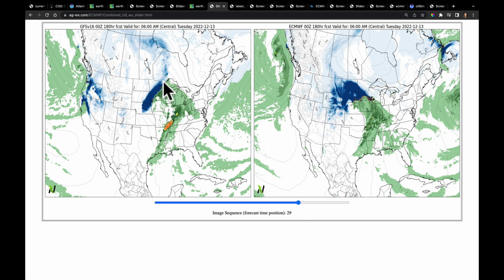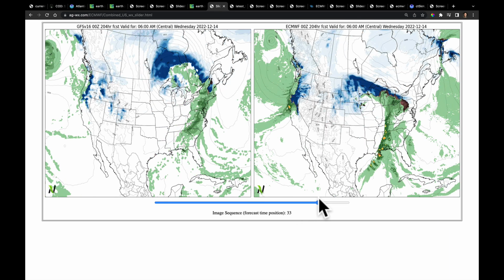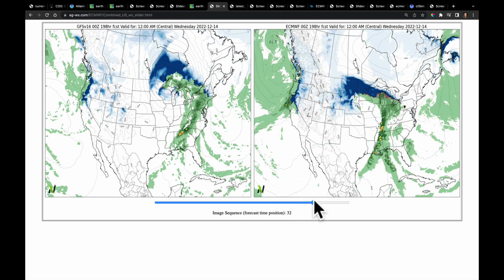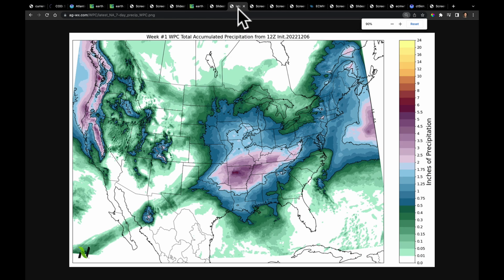Now remember, this is more than a week out, but we'll just keep watching it together. That's why we do this. So that low could be potentially a big snowmaker for parts of the northern plains. It's in both models, but you can see the difference in the placing and timing of this next system early next week.